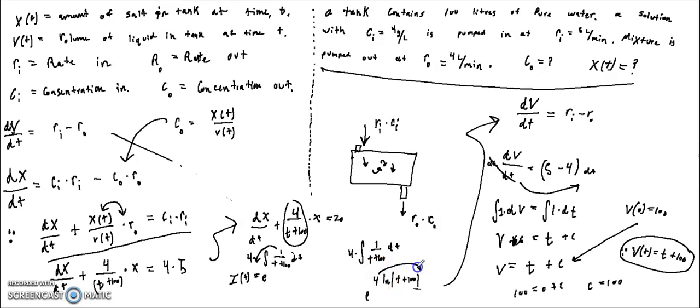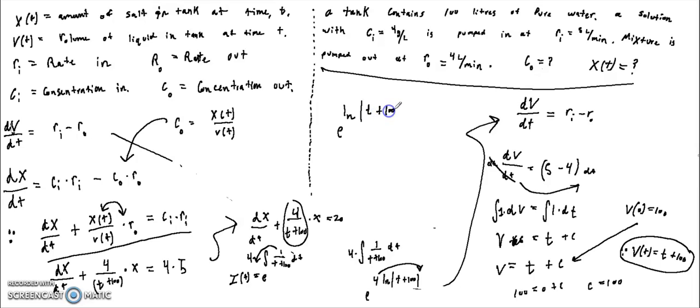And remember our logarithm rules. If we have a constant multiplied on the outside, we can just move it as an exponent on the inside. So we have e to the ln, absolute value of t plus 100, and all of that to the 4th power. And e to the ln cancels out, so we just have t plus 100 to the 4. That's our integrating factor.